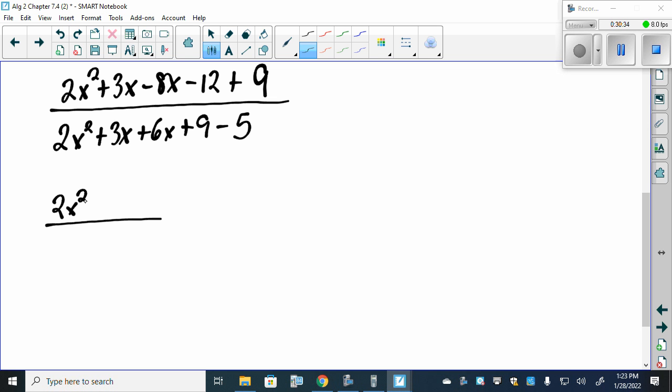2x squared. 3x minus 8x would be minus 5x. And negative 12 plus 9 is negative 3.